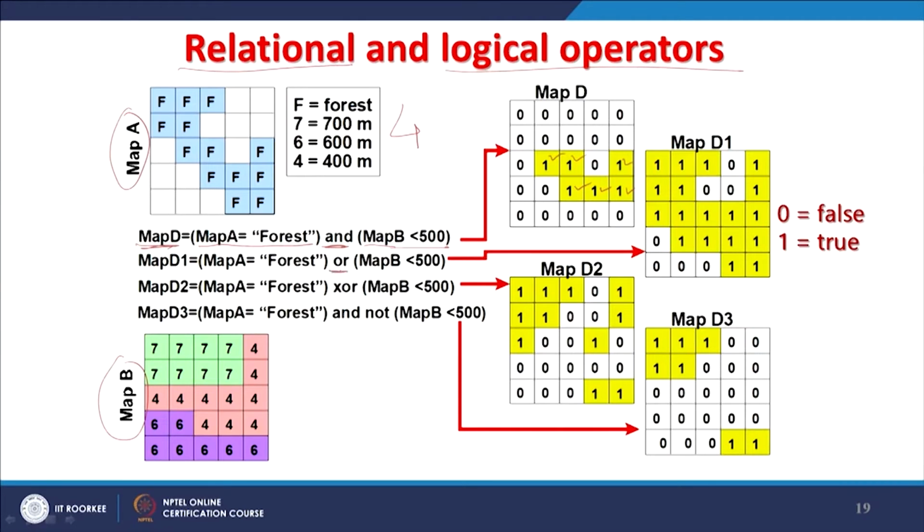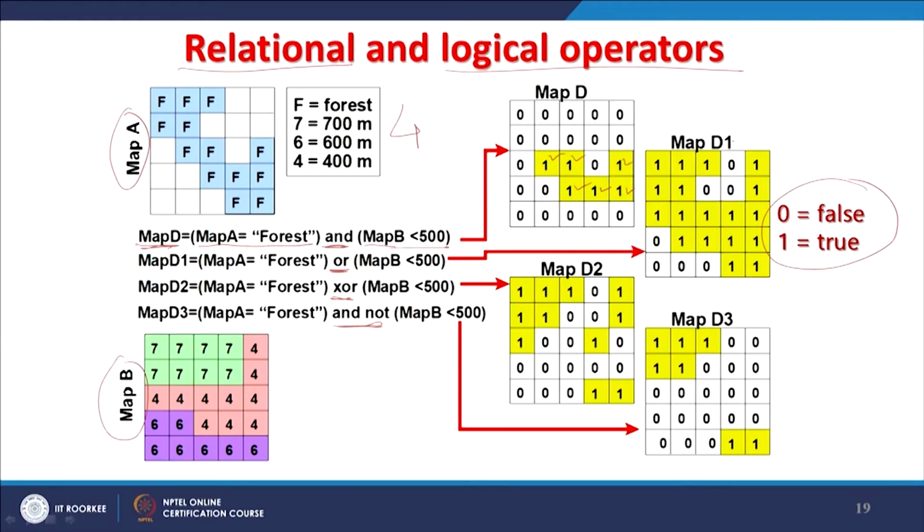Similarly, for the OR operator, union, XOR, NOT, or negation, it is also possible. If these conditions are satisfied, the output we are getting, all 4 examples of these Boolean relational or logical operators, are in binary form, that is, true or false.